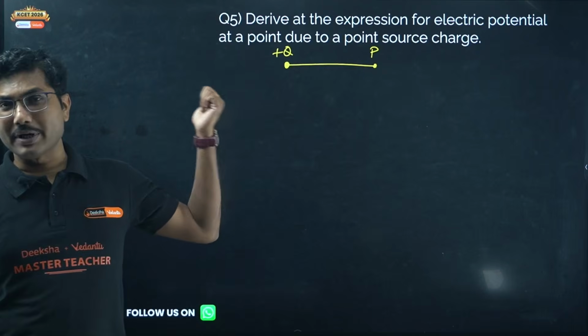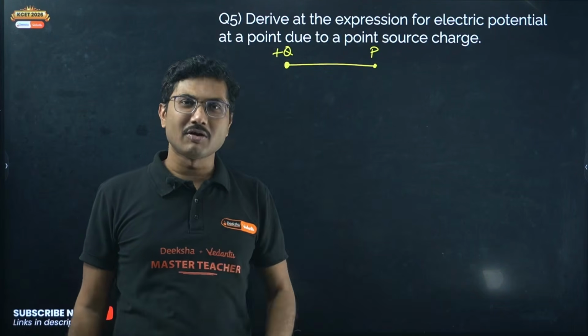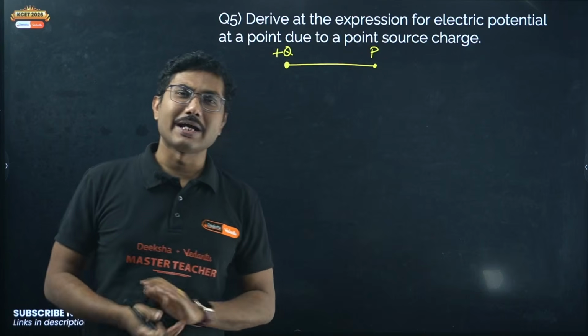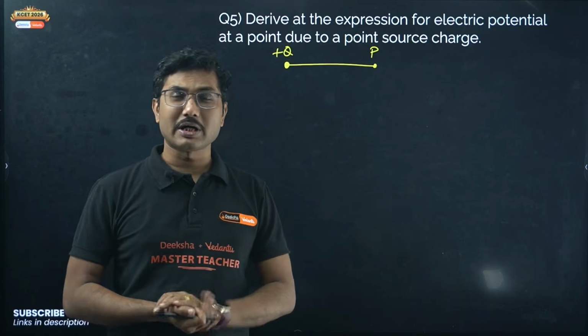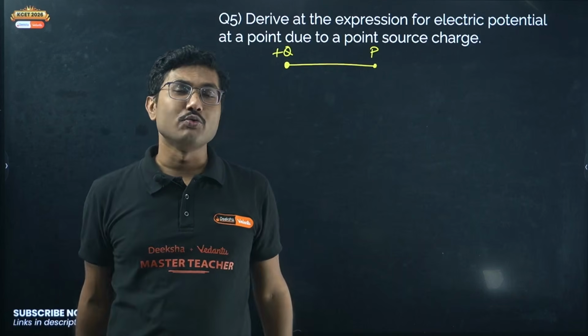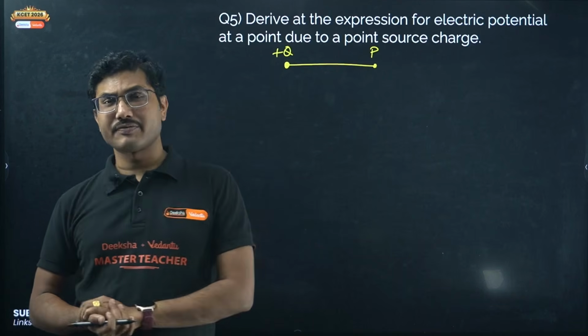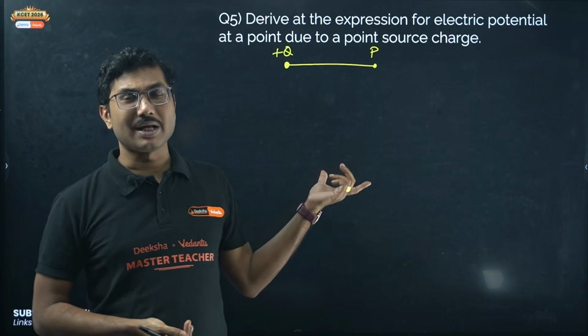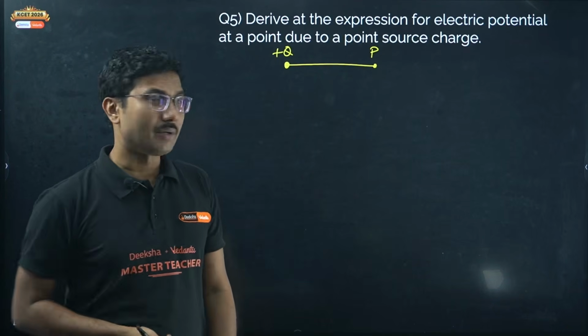You will not prepare this derivation thinking that it came last year, but in the PU board exam that is not the case. In some other boards, if a question came in the previous year, it generally does not come the next year, but that is not true for PU board. PU board generally gives repeated questions year after year, so if this question came last year, there is no guarantee it will not come this year. So be careful about it.